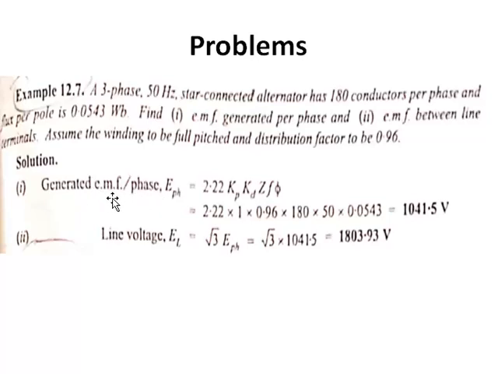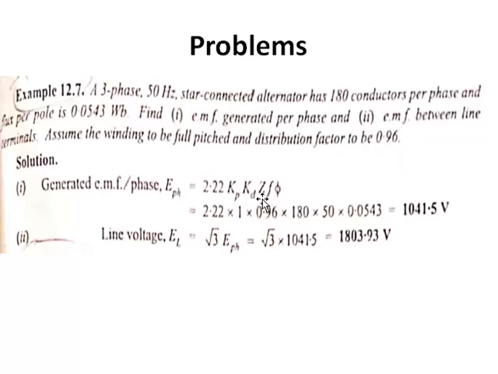So RMS value of the EMF generated per phase, E phase is equal to 2.22 Kp Kd Z f phi. They did not give Kp directly. What they have said is, assume the winding to be full pitched. Whenever you see the word full pitch, if the coil is full pitched, then Kp becomes 1. Kp is equal to 1, and distribution factor Kd is given as 0.96.